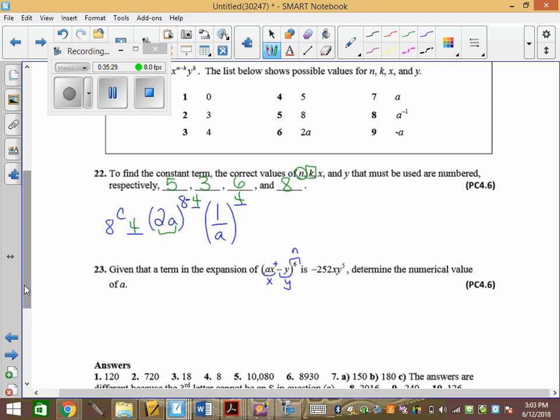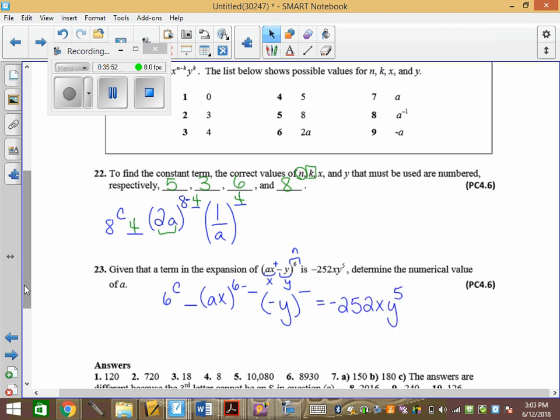Now they gave us the actual term this time. So we have to set it equal to that value. And that's what everyone forgets to do. So we get 6C blank, ax to the 6 minus blank, negative y to the blank equals negative 252 xy to the 5.